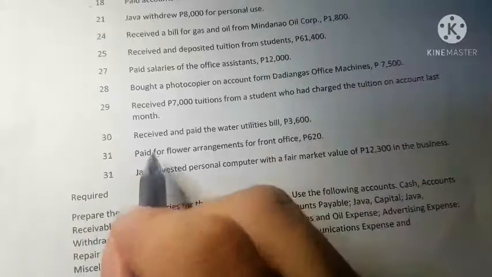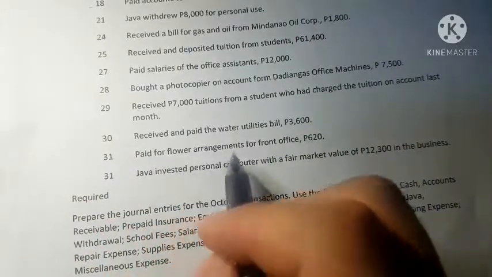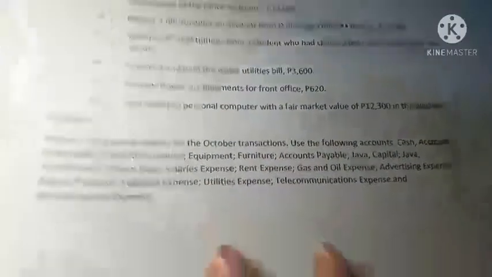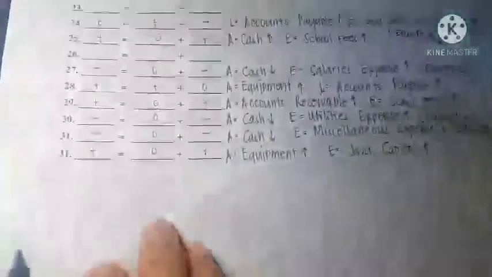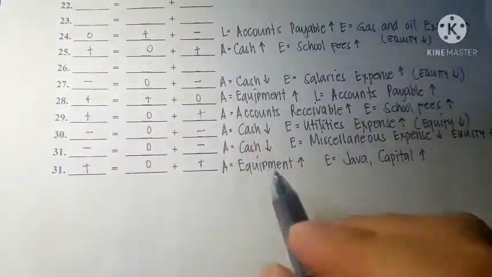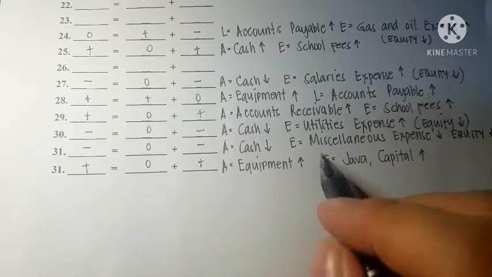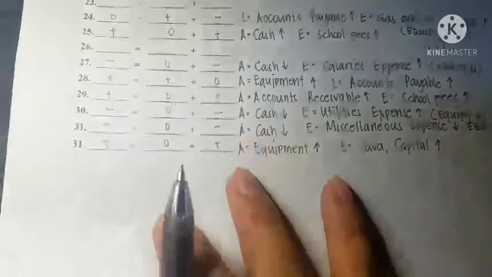October 31, paid for flower arrangements for front office for 620. So there is a decrease in assets, particularly cash, and a decrease in equity, particularly miscellaneous expense.